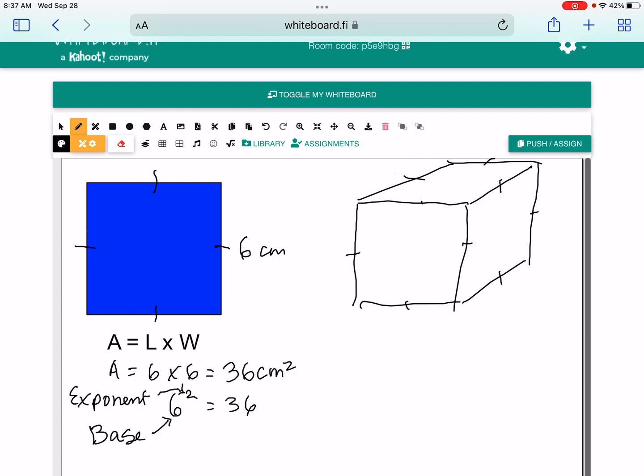And we said that that is going to be 6 centimeters. When we're looking at a cube, we're talking about volume. Actually, let's do 4, just because it's easier for me to draw. Let's say this one is 4 centimeters edge on edge.